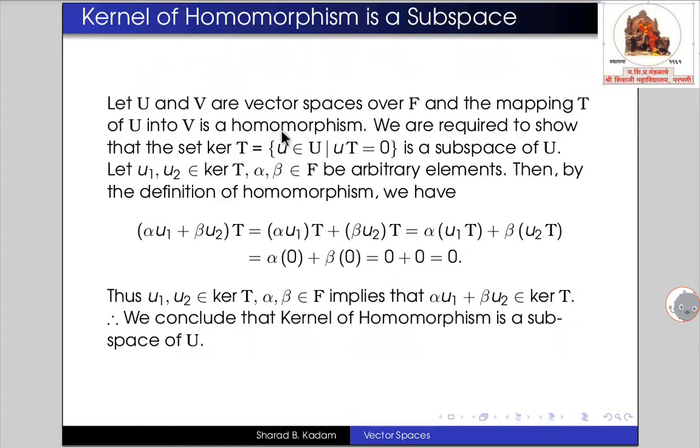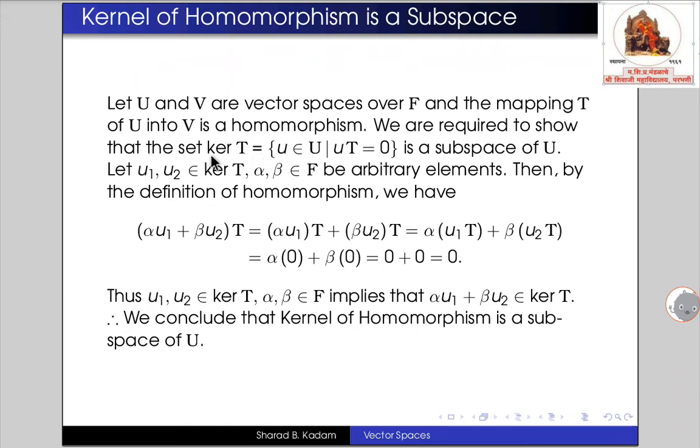T of U1 plus U2 equals T of U1 plus T of U2, and T of alpha U1 equals alpha into T of U1, for all U1 and U2 in the vector space U, and for all alpha in the field F.